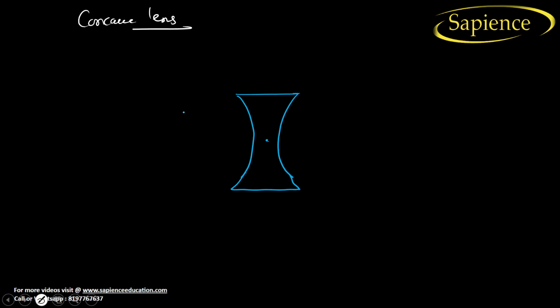You can take light rays in the form of a wavefront. So light rays coming parallelly. It means that you have to take light rays in the form of wavefront. So these are the wavefronts.